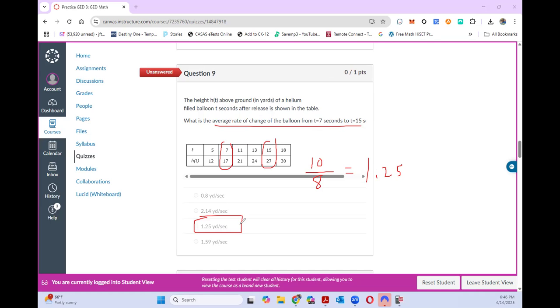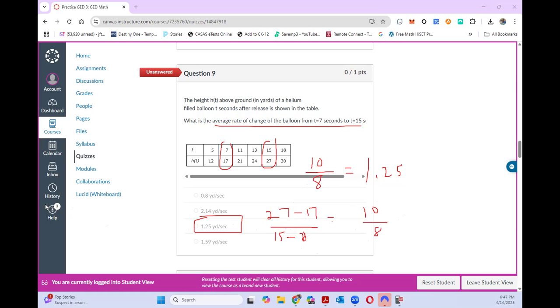Okay. I didn't know how to do that at all. That was the hardest one. But that's okay. What you should have recognized is that it's the slope. 27 minus 17 over 15 minus 7, I'm sorry, over 8.